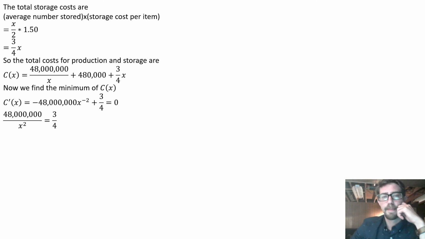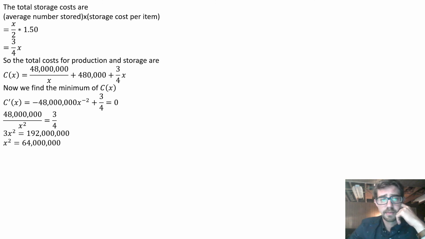And then I guess you could cross multiply. 3x squared equals that times 4, which is 192 million. Divide by 3. X squared is 64 million. Square root both sides of that. X is 8,000. So 8,000 squared is 64 million.